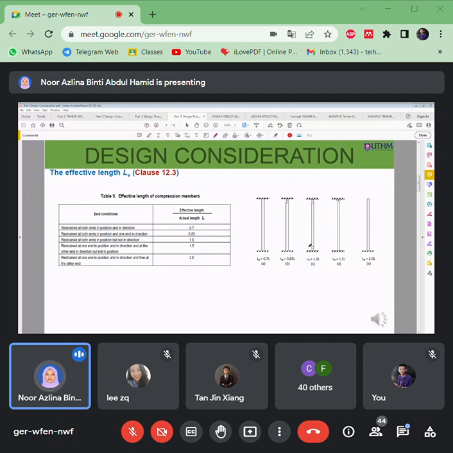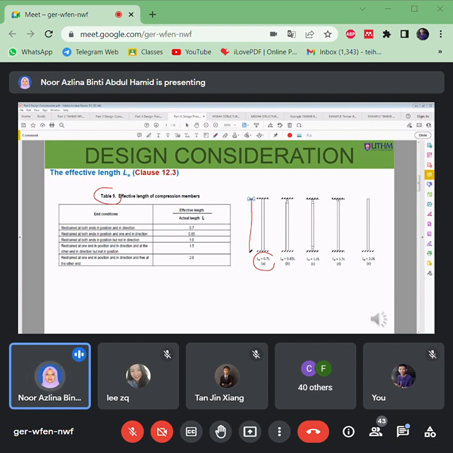It depends on the condition of that column and the connections of that column. If fixed, this is the L effective for the column, where L effective is equal to 0.7 L, which you can also refer to in Table 9 here. If free on top but fixed at the bottom, like a flag, which is free on top with no restraint in any direction, then L effective is equal to 2 L here.